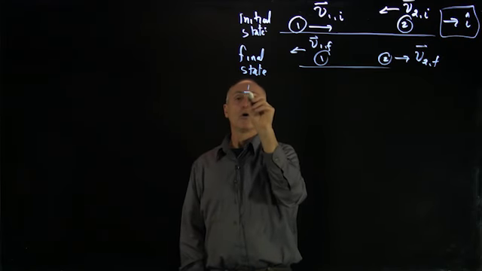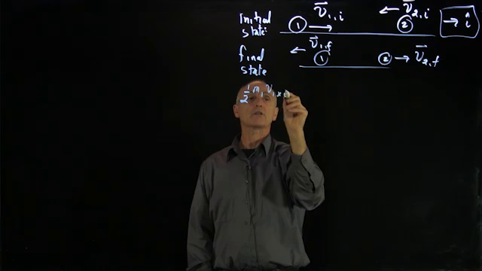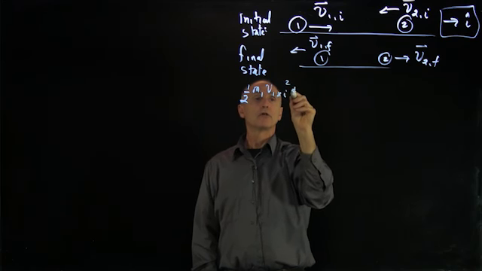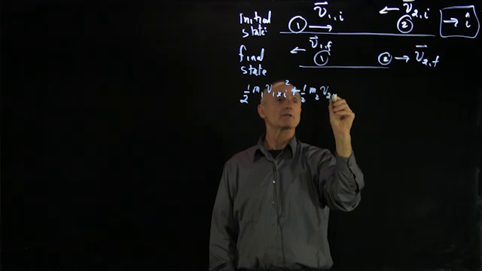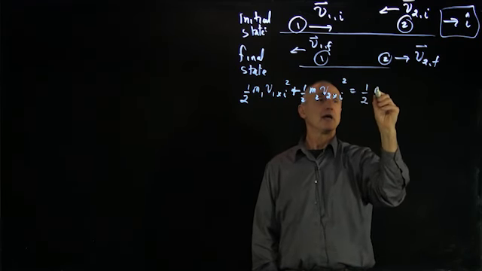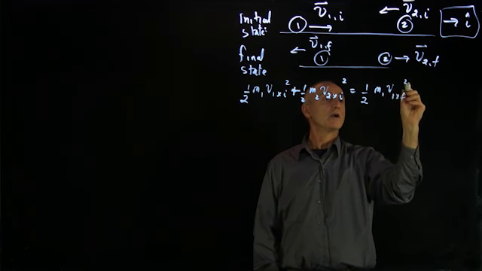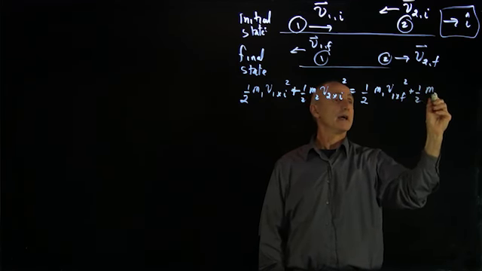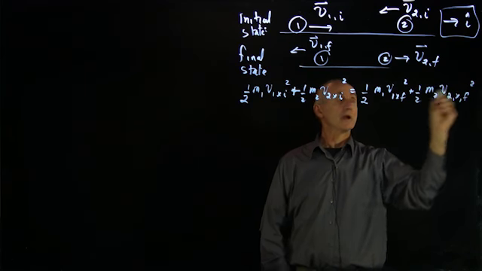So we have 1/2 m1 v1x initial squared plus 1/2 m2 v2x initial squared equals 1/2 m1 v1x final squared plus 1/2 m2 v2x final squared.